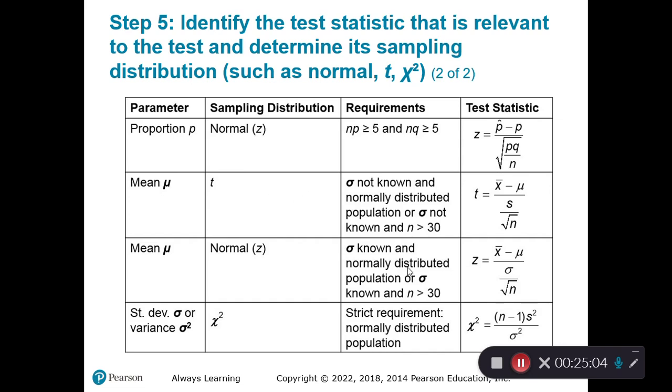We're going to spend more time talking about this when we get to section 8.3. How we distinguish between which of the two test statistics to use is going to come down to whether the population standard deviation is somehow magically known or whether it, more realistically, is not known.